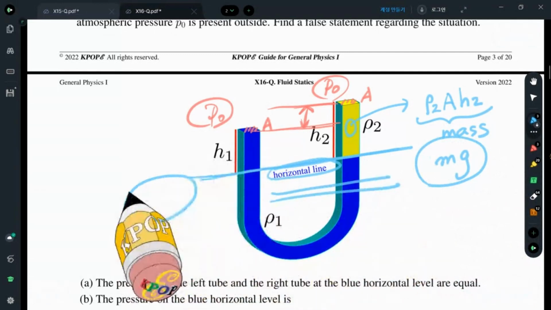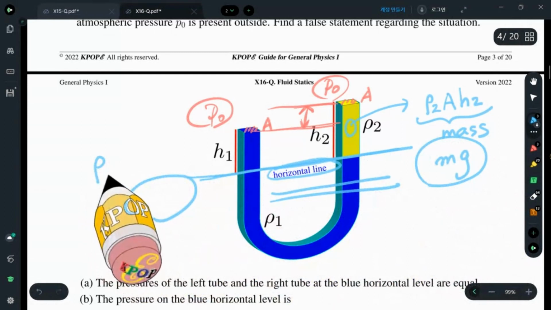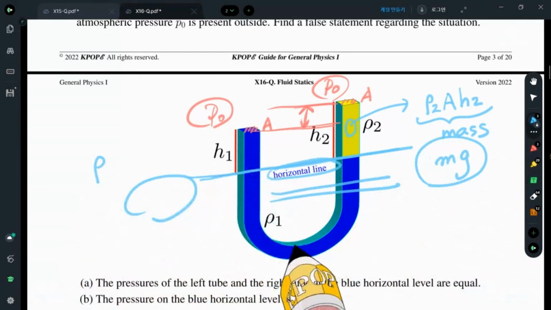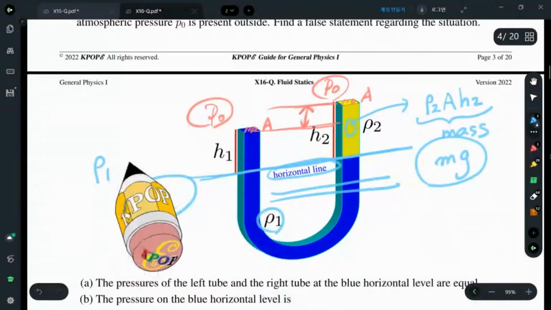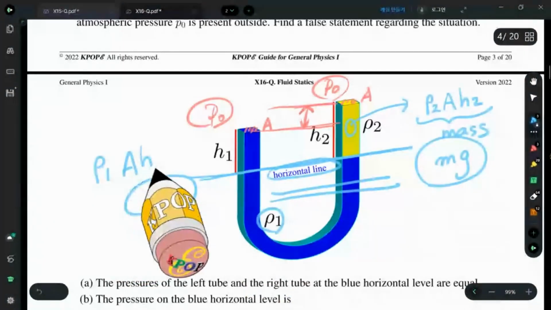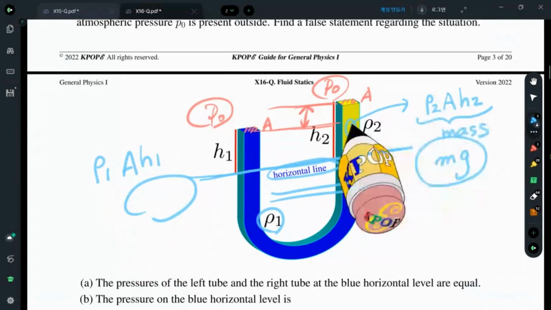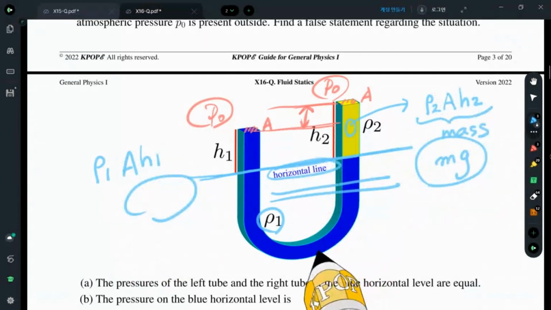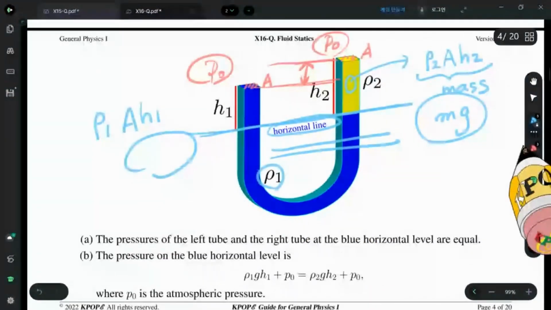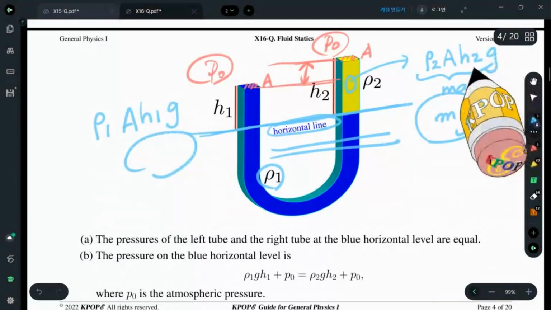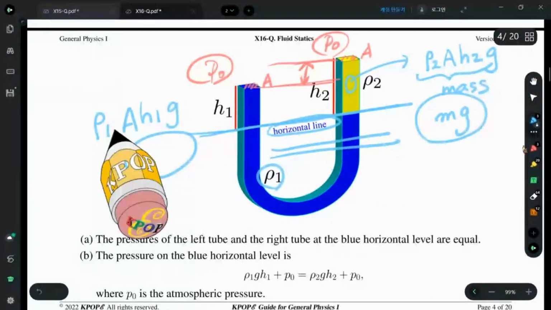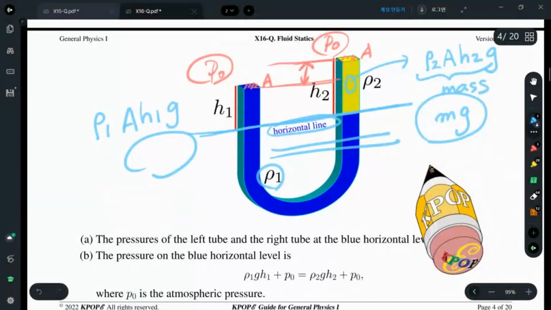And this amount of weight is rho 1, if I know the density, times A times H1, multiplied by the gravitational acceleration, because of the same gravity and the same cross-sectional area. Then they are equivalent.